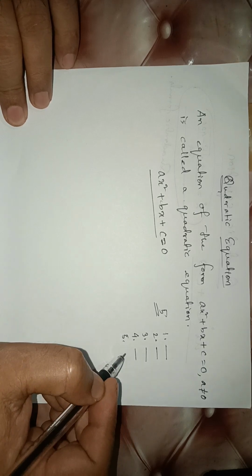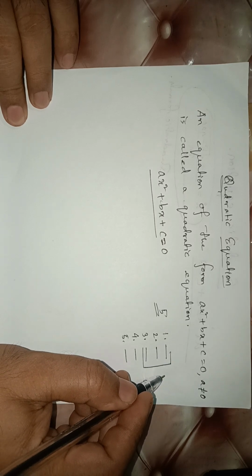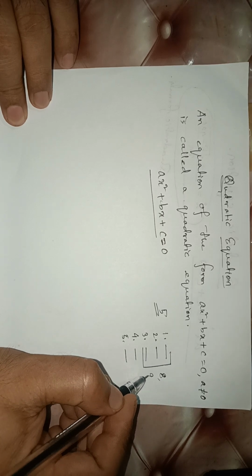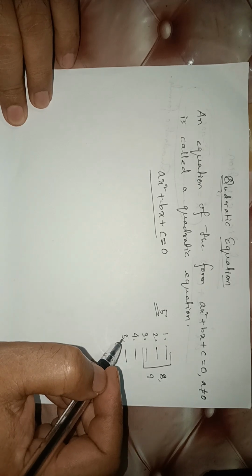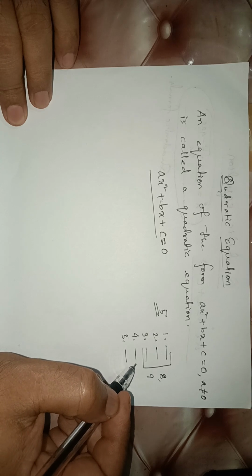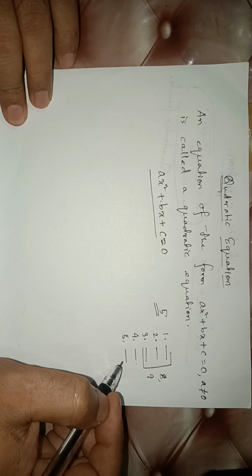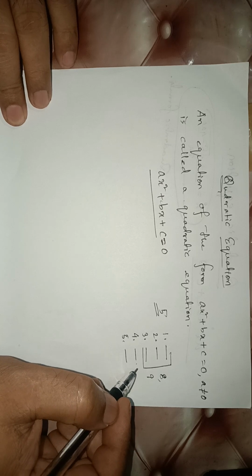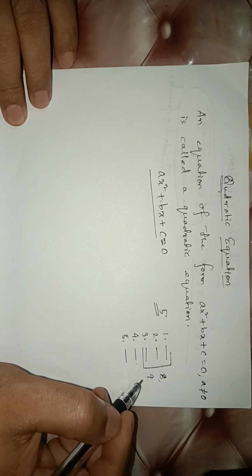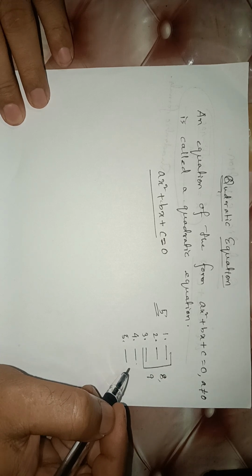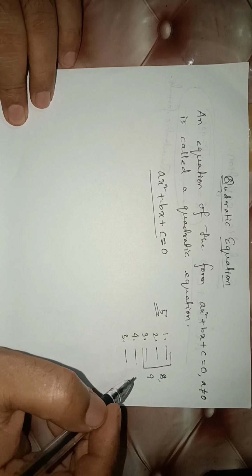These three you got in class 8 and 9. Option 4 is the method of completing square, and the fifth one is the quadratic formula. These three you have studied already up to class 9. Now in class 10, the method of completing square and quadratic formula are given in this chapter.